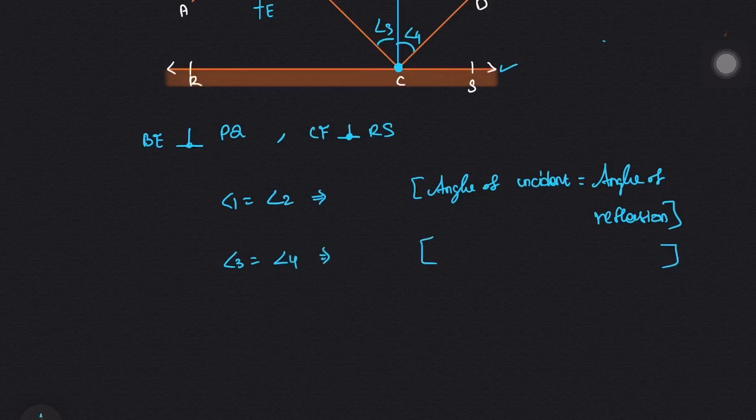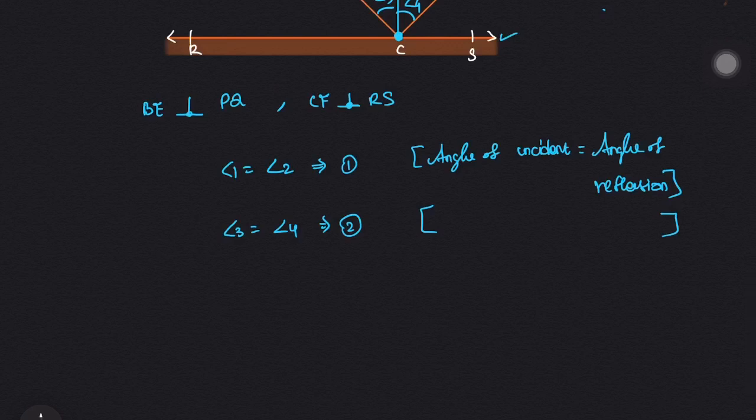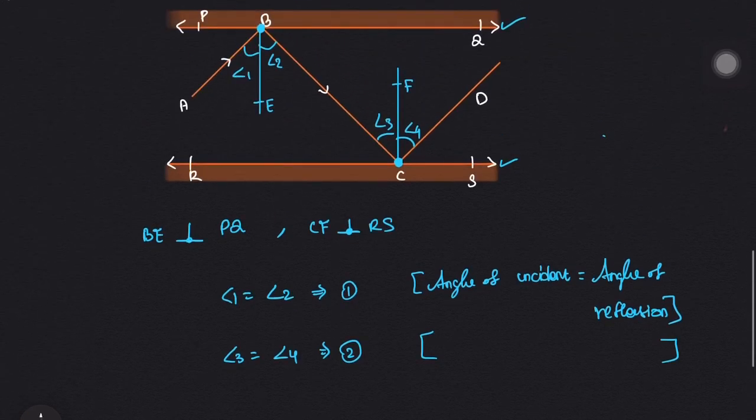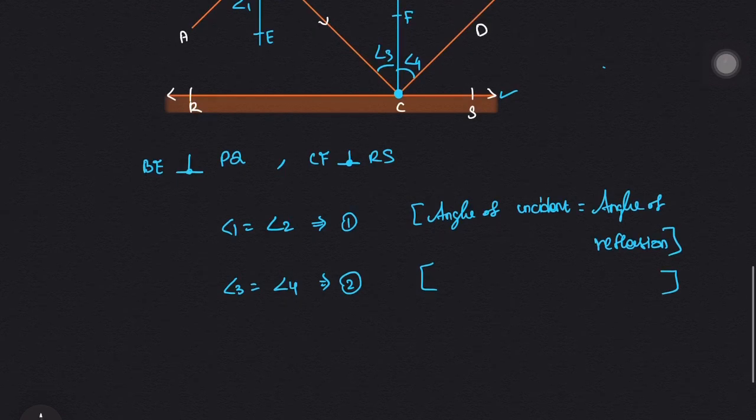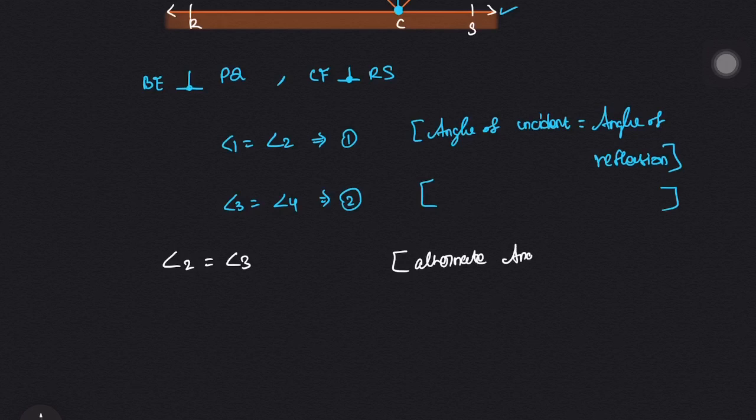So consider this as equation 1 and equation 2. And angle 2 is also equal to angle 3. The reason is they are alternate angles. So this is equation 3.